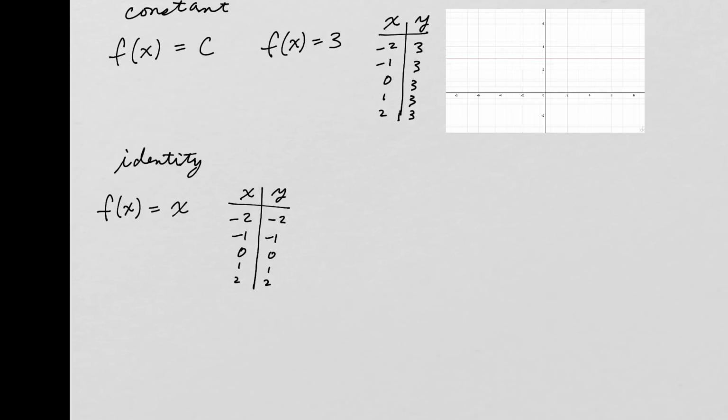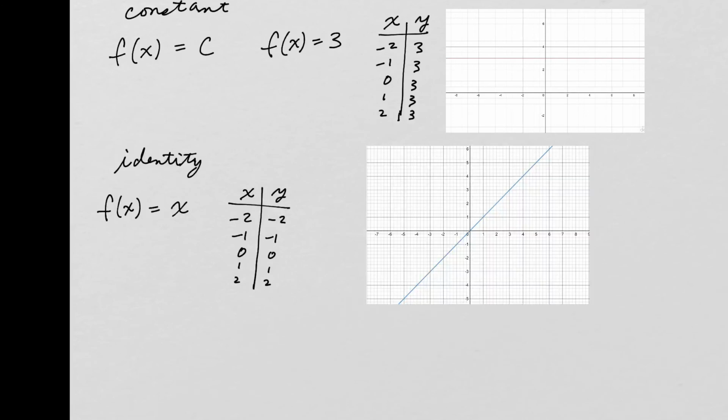So if you plot this, it looks like the following. So that would be the graph of the identity function. So it's basically a straight line, right, that goes through the origin, and it has an angle of 45 degrees. Okay, the next toolkit function is the absolute value function.